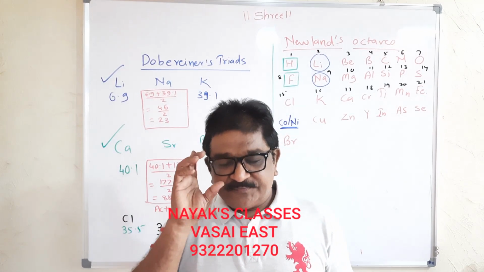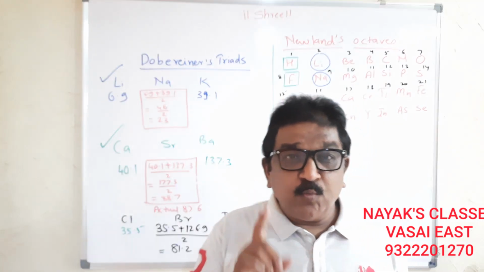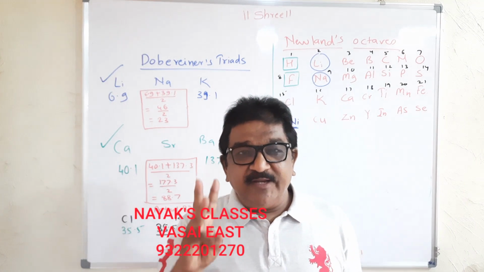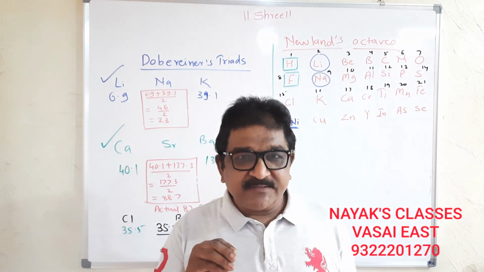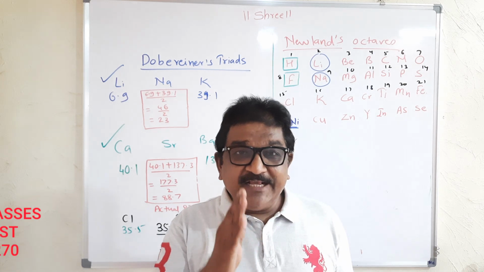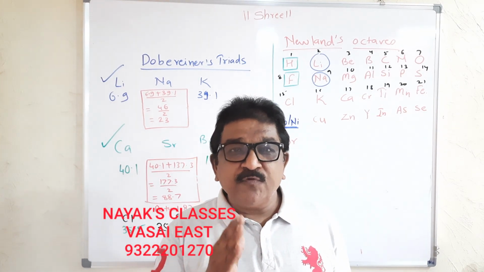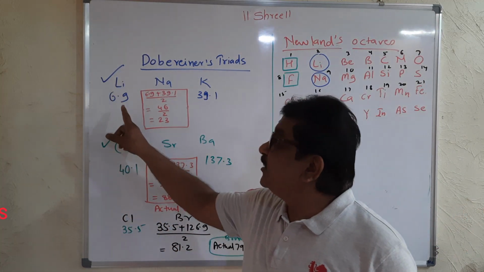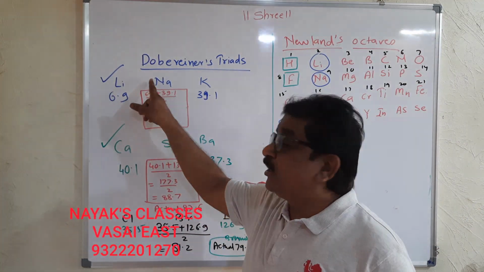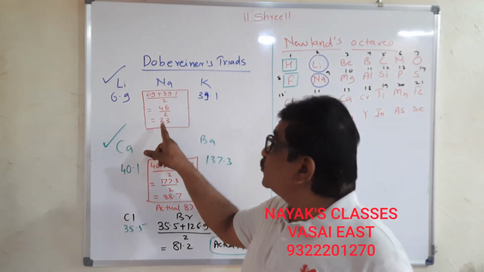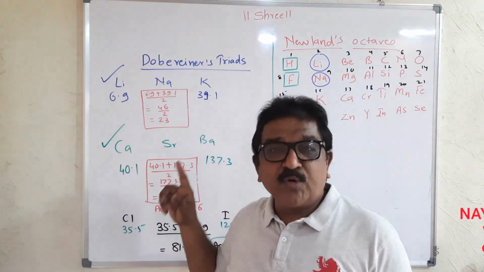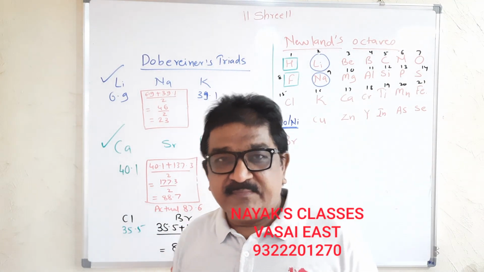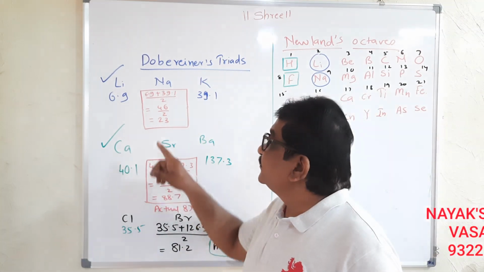See the sentence, if we arrange a group of three elements in increasing order of their atomic masses. So the atomic mass of lithium is 6.9, the atomic mass of sodium is 23, and the atomic mass of potassium, symbol is K because it is kalium. In Latin it is called kalium.